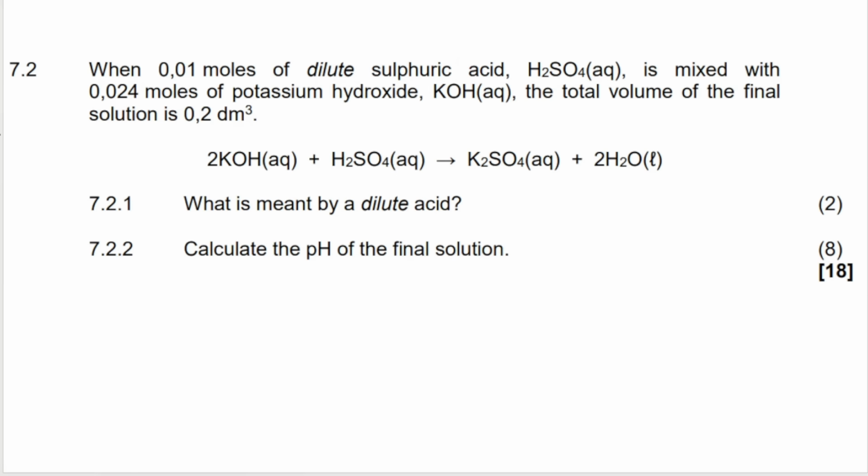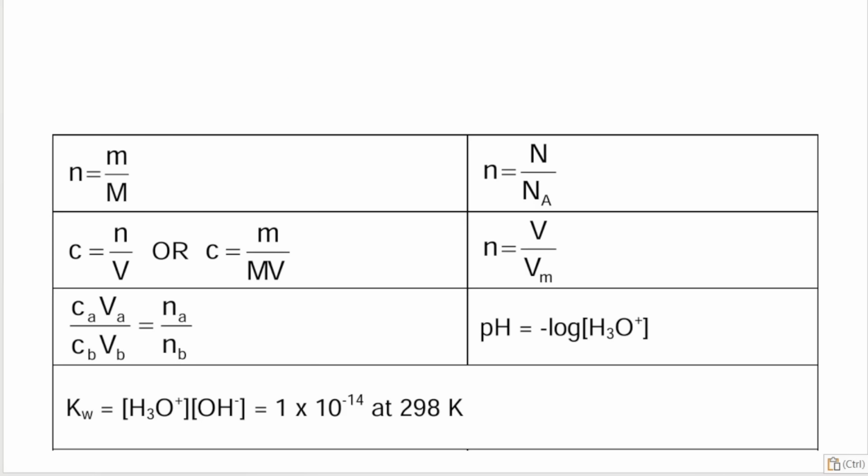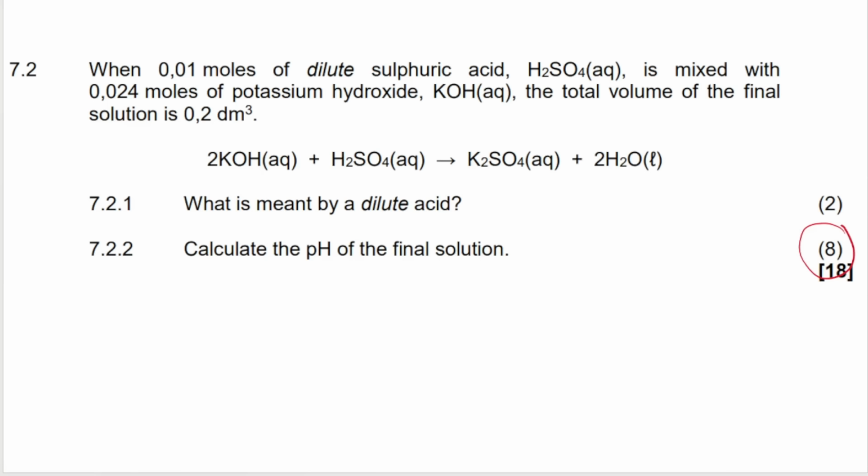Then 7.2.2, calculate the pH of the final solution, and take note it is 8 marks. So we know we're going to have to be doing quite a lot of working out. To calculate pH, we eventually want to make use of this formula. However, we first need to look at the question very carefully to see what happens when these two things mix together, because we're adding sulfuric acid, H2SO4, to potassium hydroxide, KOH.